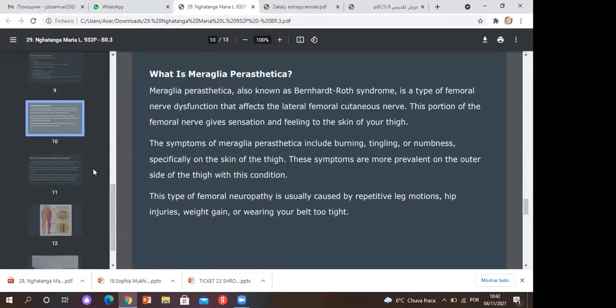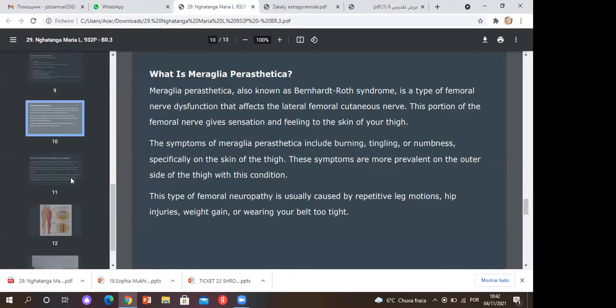This portion of the femoral nerve gives sensation and feeling to the skin of your thigh. The symptoms of meralgia paresthetica include burning, tingling, and numbness, specifically on the skin of the thigh. These symptoms are more prevalent on the outer side of the thigh with this condition. It's on the outer side because, like we said, it affects mostly the lateral femoral cutaneous nerve.